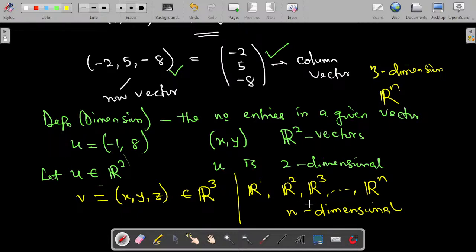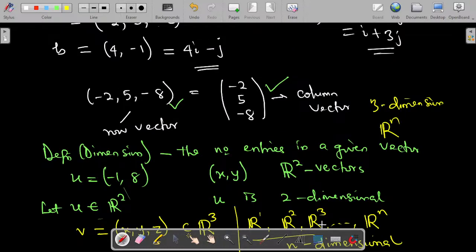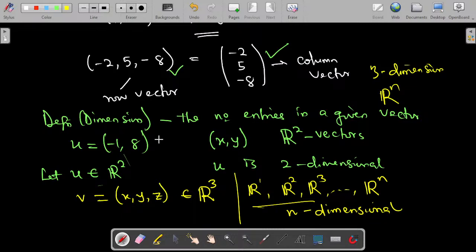It could be R4, it could be R5, but like I said, at this level, we are going to measure at R1, R2, and R3. Now, let me ask, what do you think R1 is going to be? R1 is simply your real numbers. The meaning is that all real numbers are actually vectors.